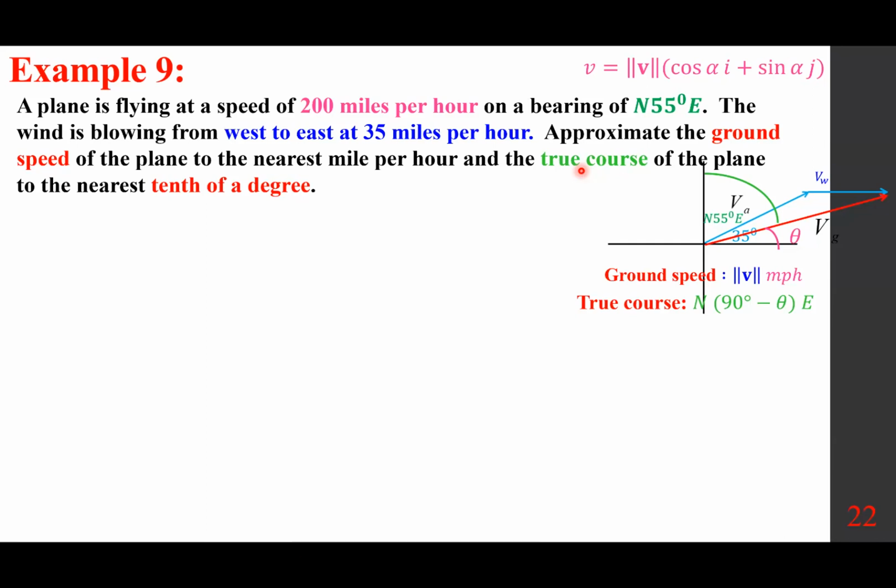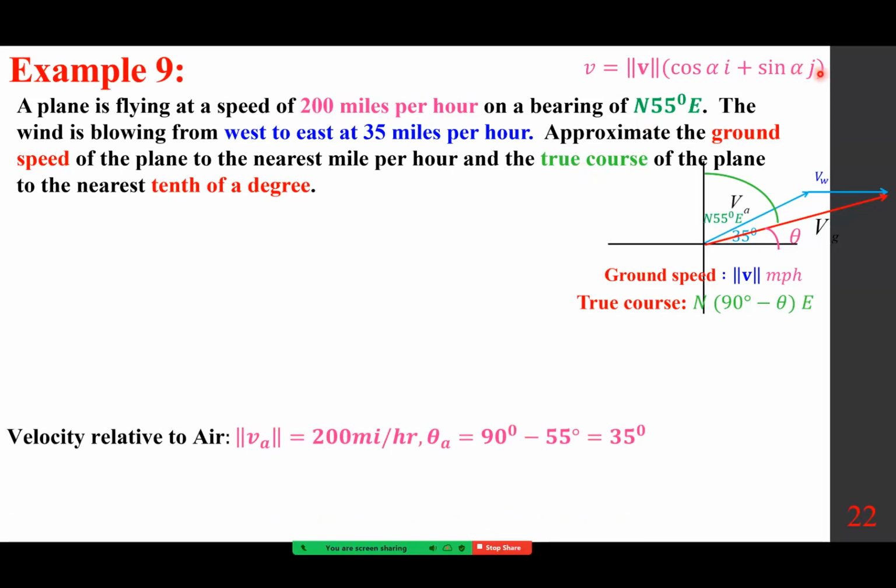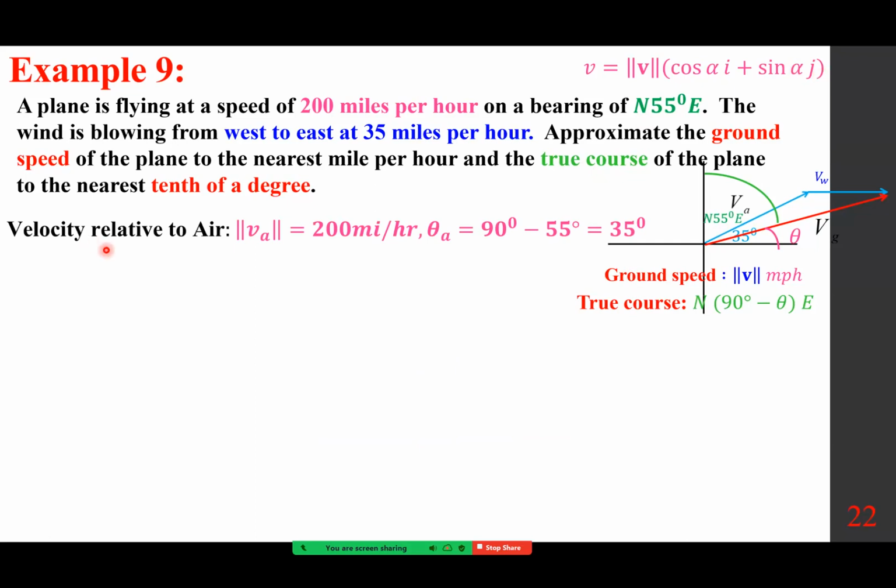First, let's look at this one and follow that formula. Velocity relative to air, the direction that the plane is trying to fly. The magnitude is 200 miles per hour.